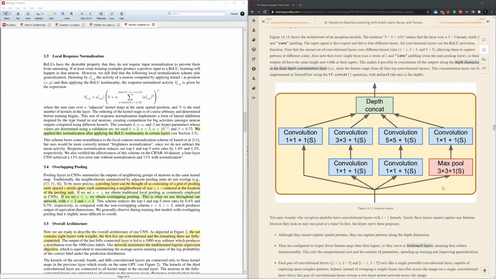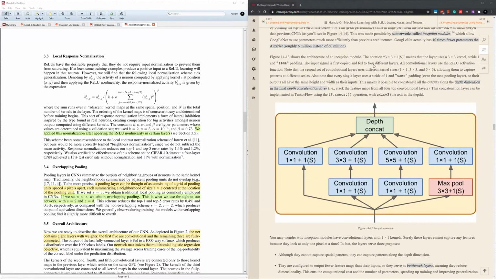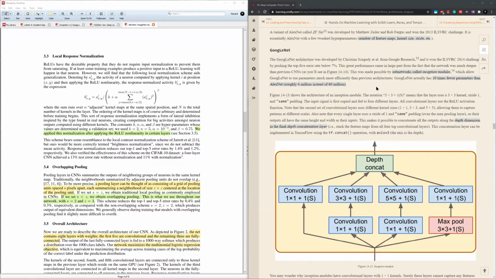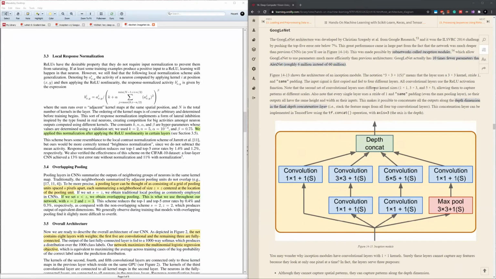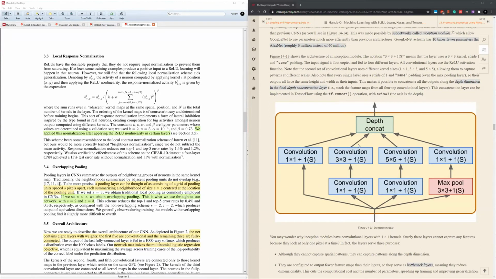This module is replicated and reused across the network multiple times to give that sort of abstraction to those layers.